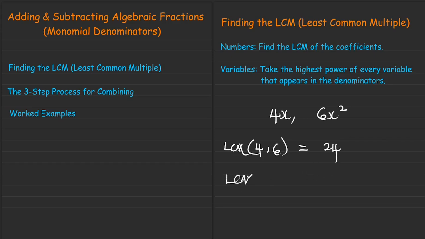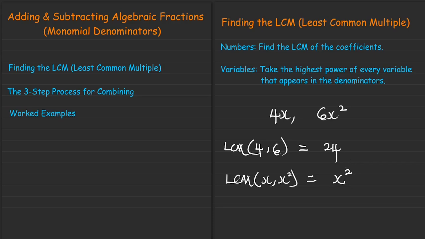But when it comes to the lowest common multiple of the variables, that is x squared and x, what you do is you take the highest power. So this has a power of 1, which you don't write, and then this has a power of 2. Hence, our LCM is going to be that which has the highest power, which is x to the power 2.